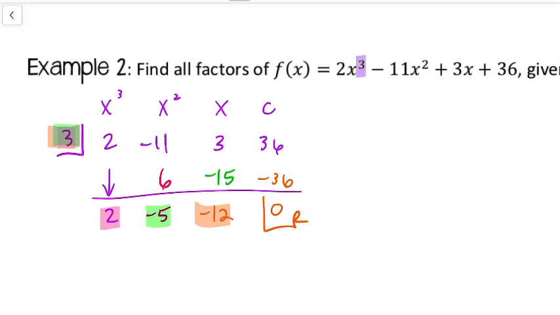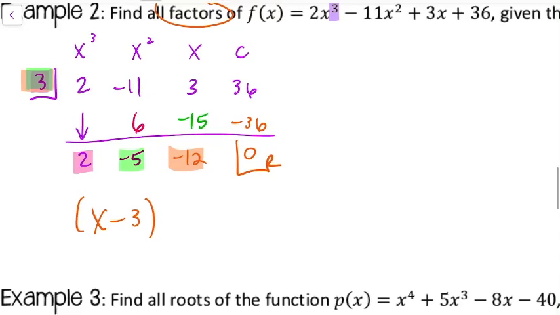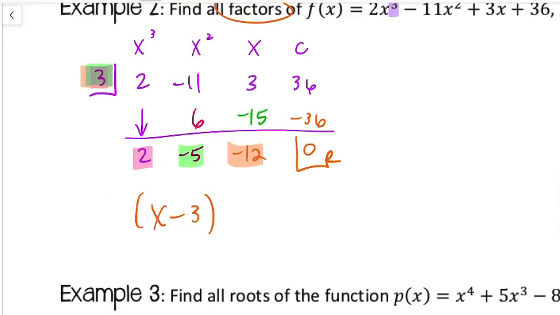Now that checks out because they told us from the beginning that x equals 3 was a solution. And technically they said x minus 3 was a factor, but tomato, tomato, it's the same thing. So we know one factor. So all our factors, well, one factor is that x minus 3 that they gave us. And then what they left us with was 2x squared minus 5x minus 12.